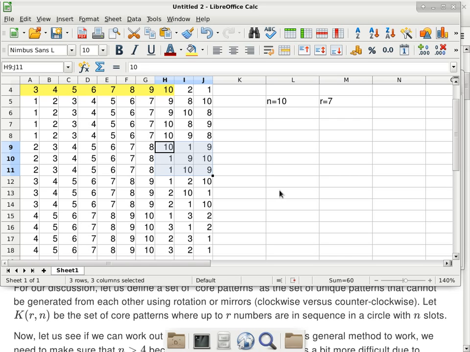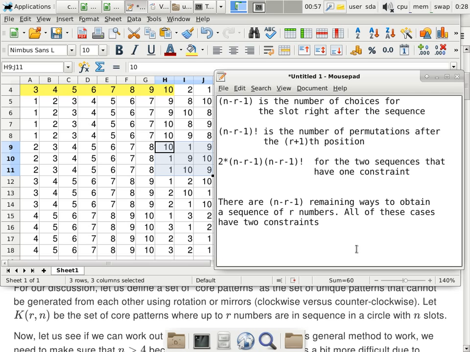So we'll start with something that we already know. What we already know is, given only 1 constraint, there are 4 ways of doing things. In this one here, I'll just use the case when N is 10 and R is 7, just for illustration purposes.